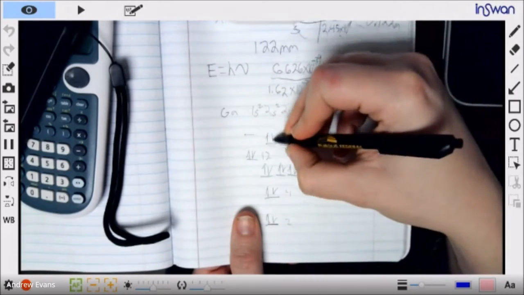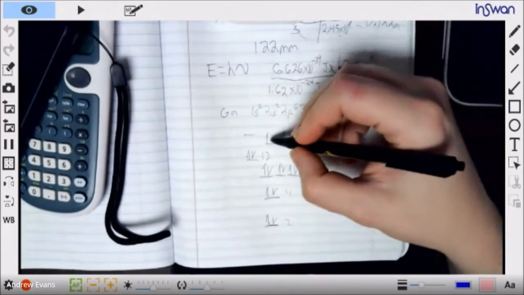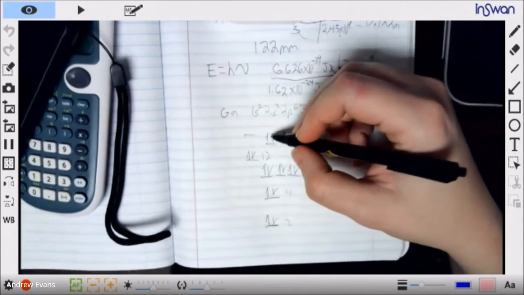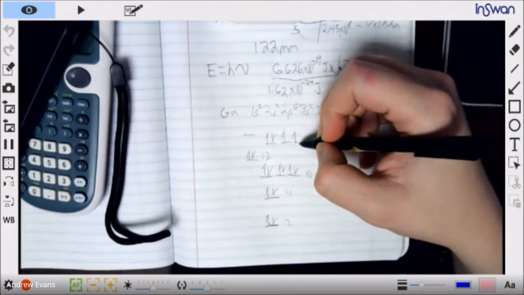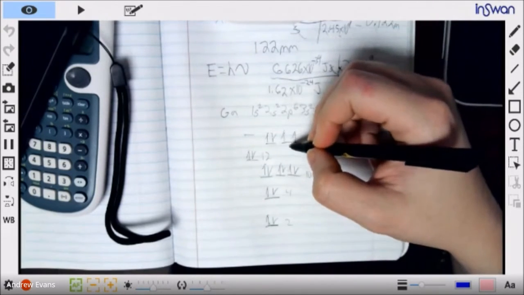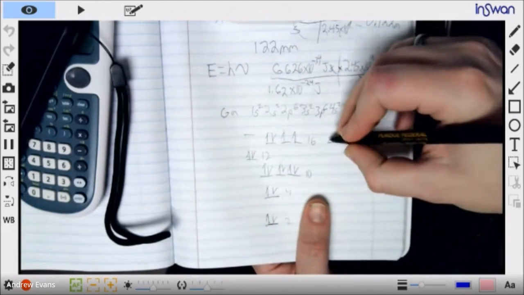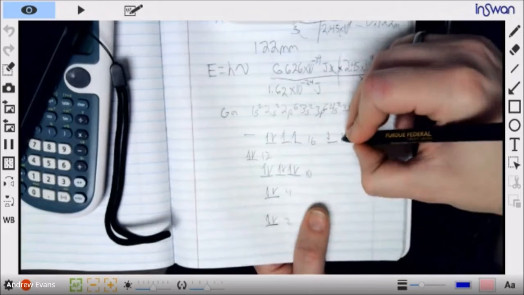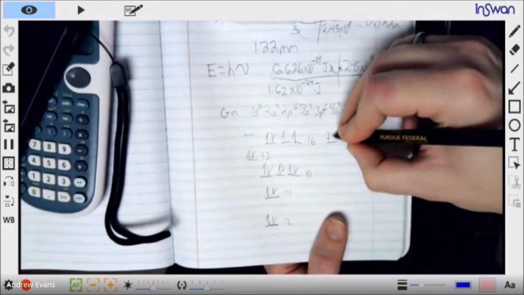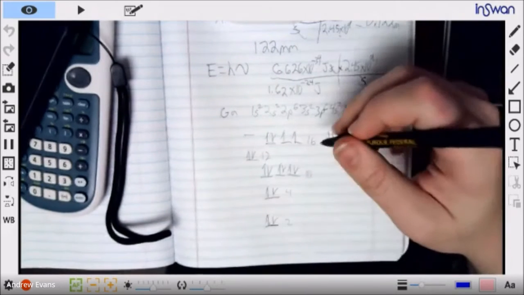There's 16 electrons. That's where we stop. The big thing here is not whether they're up or down. It's whether all of them are up or all of them are down before you start flipping it. You start with all of them in one direction before you pair.